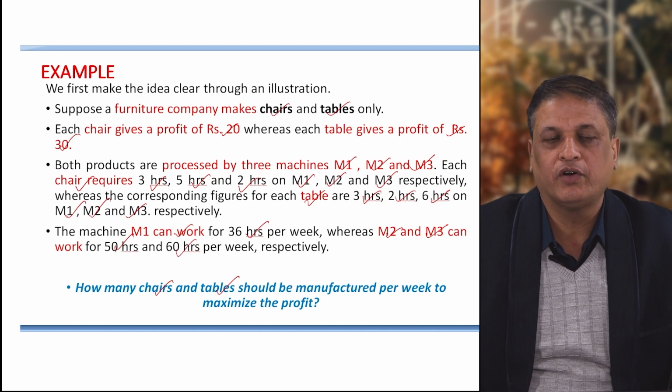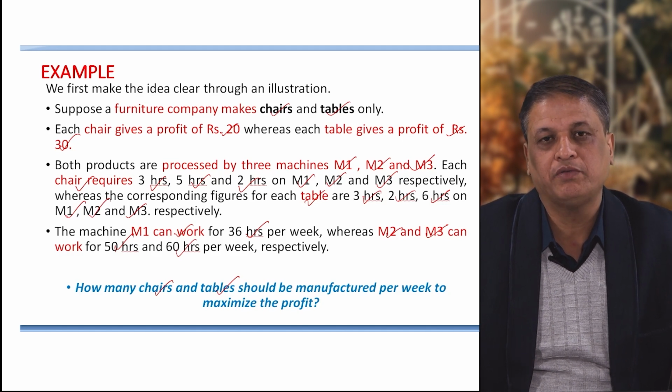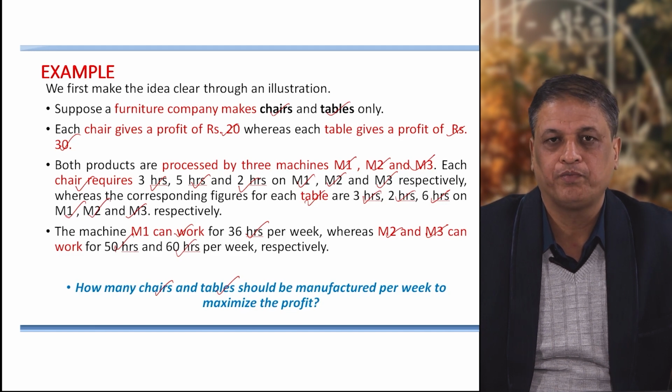Now, this is a real world problem wherein we are having some objective. The objective is to maximize the profits, and the profit is rupees 20 per unit of a chair and rupees 30 per unit of a table.